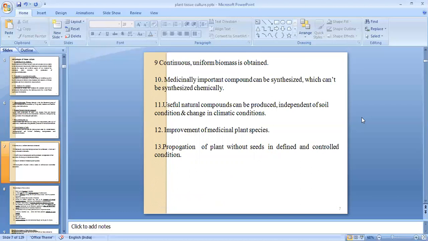And the continuous uniform biomass can be obtained by this, and compounds that chemically cannot be synthesized can be prepared by this method. And also the useful natural compounds can be obtained without any obstructions due to the soil conditions or climatic conditions. And also you can improve the medicinal plant species, and also the propagation without the seed, that is nothing but vegetative propagation, can be done in a defined and controlled manner. Okay, so that is about the advantages of plant tissue culture.